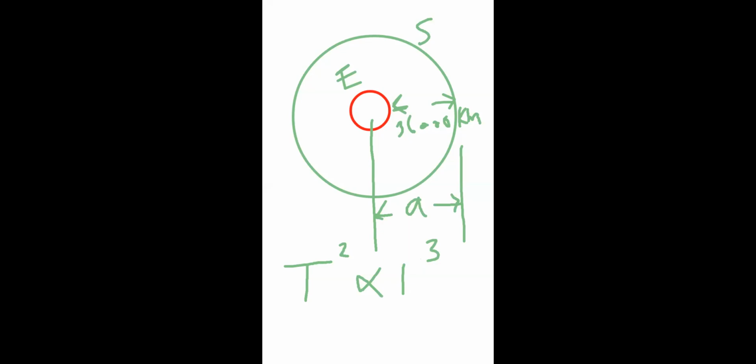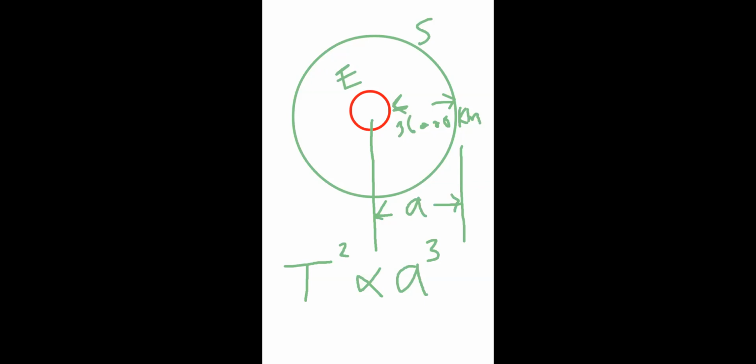To avoid confusion, I will use the notation A: T squared is directly proportional to A cubed. One thing is clear here: once the radius of the orbit increases, the rotation time has to increase when the velocity of the satellite is constant.